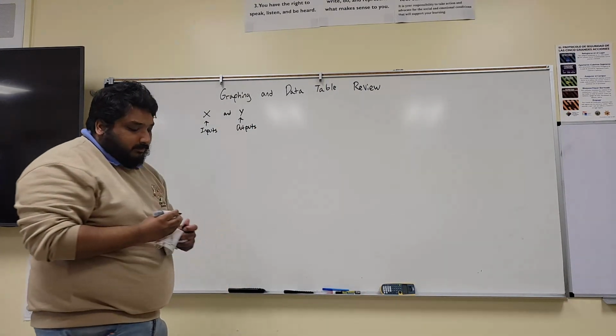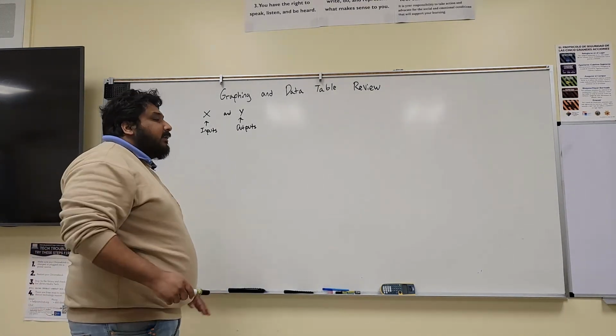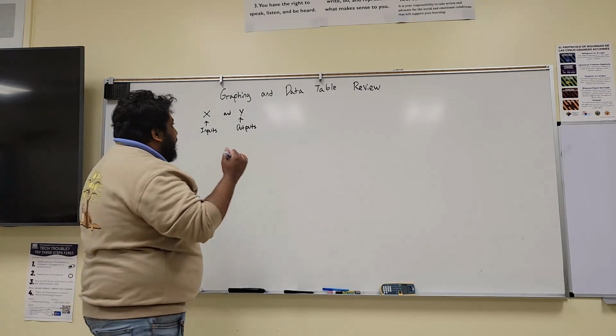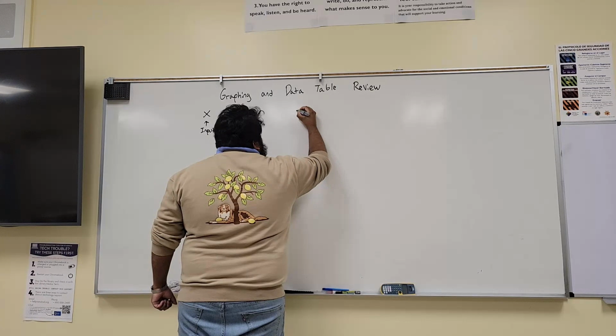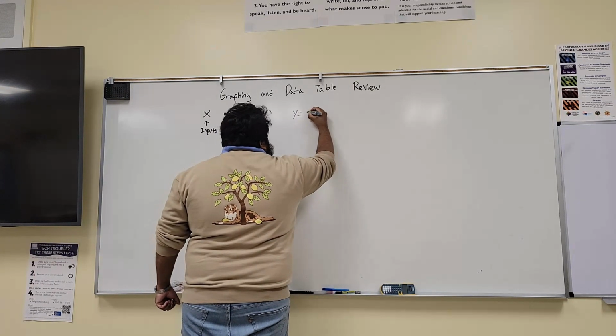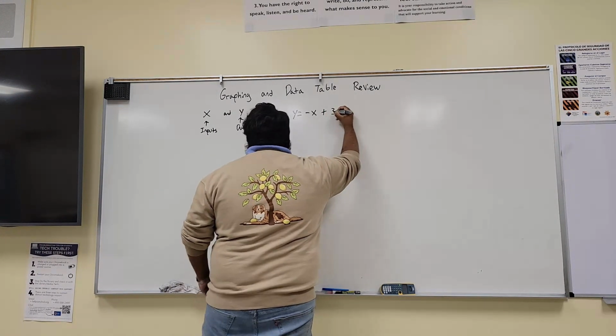Inputs and outputs. Now, if you may have heard about plugging in numbers, this is kind of what I mean. Let's say we have the equation y is equal to negative x plus 3.